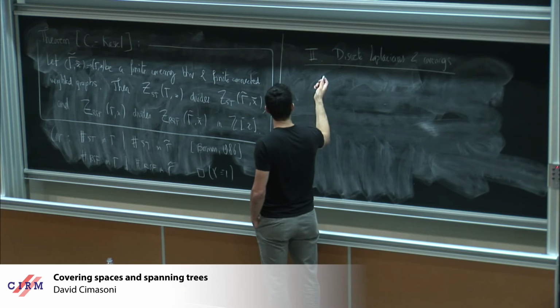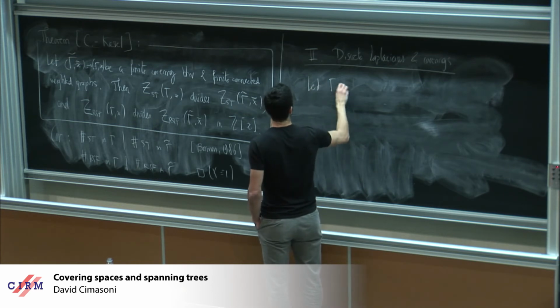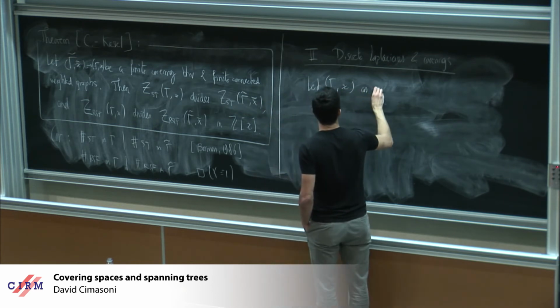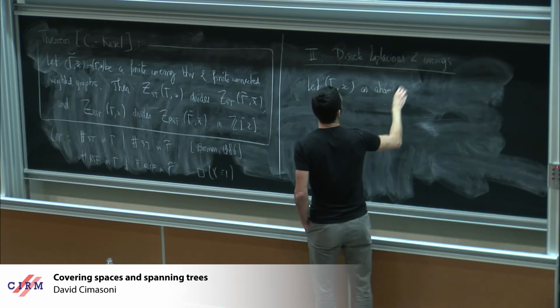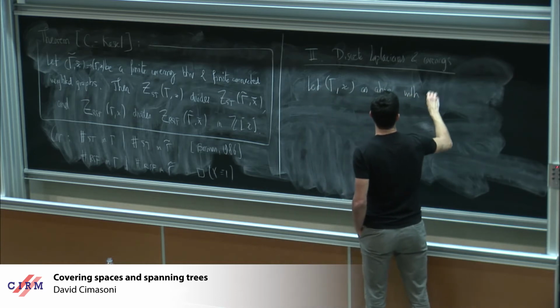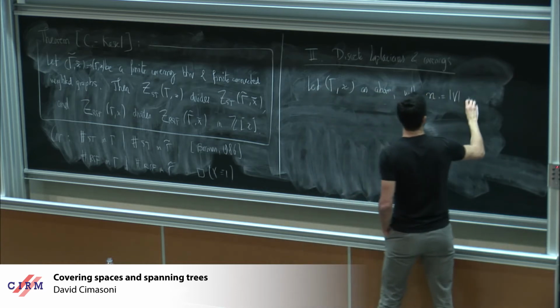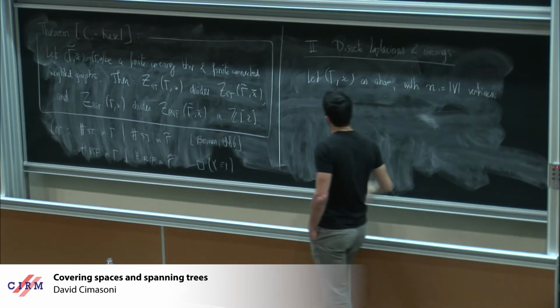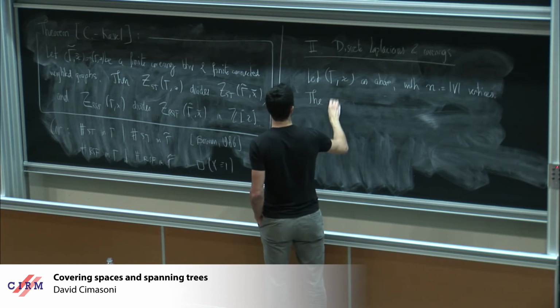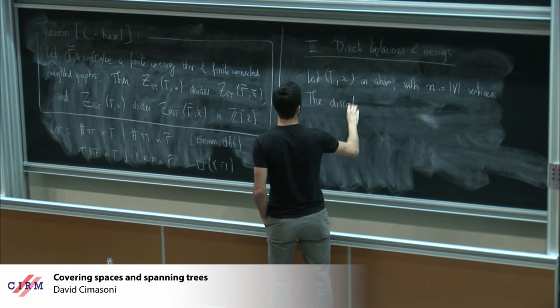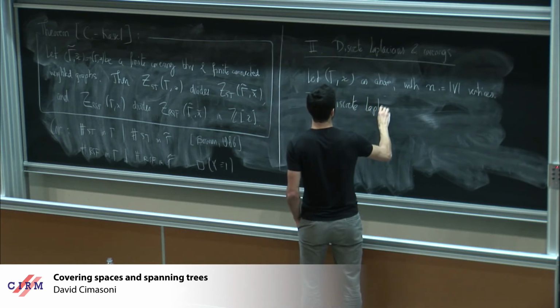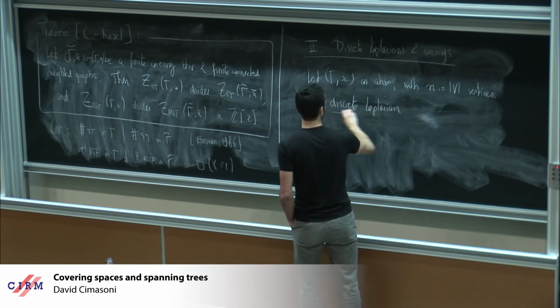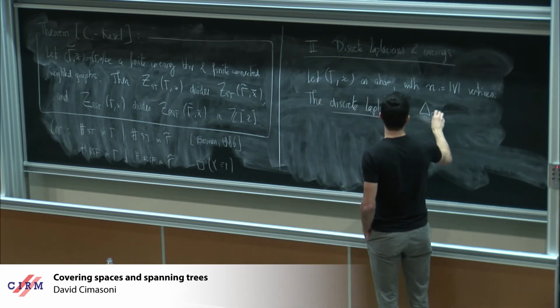So again, we have this weighted graph as above, with n vertices. The associated discrete Laplace operator, the discrete Laplacian, I'm going to denote it this way.